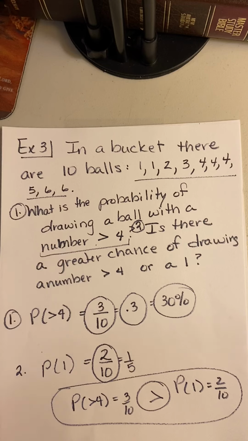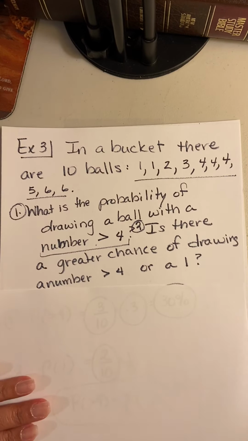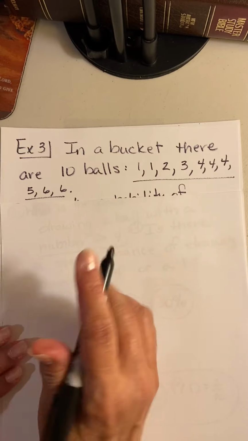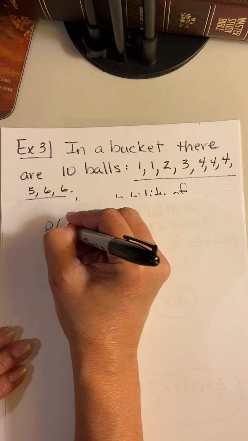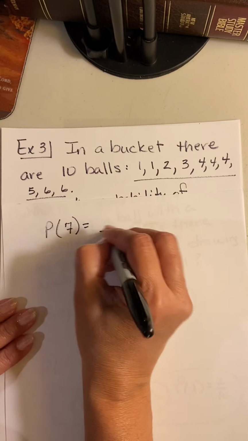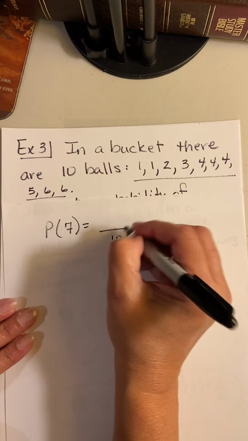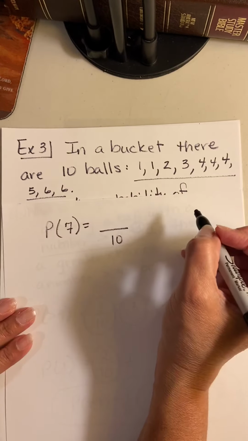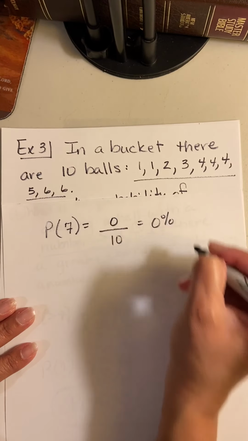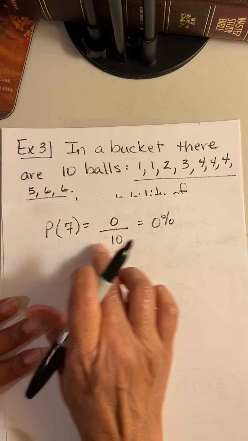And I'm going to throw in one more thing because I think it's worth knowing. What's the probability of drawing a 7? There's a total of 10, but how many of these are 7? None of them. So we would have a 0% chance of grabbing a 7.